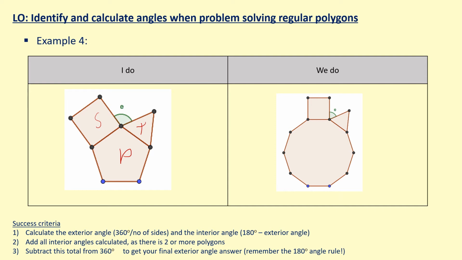So let's say step 1, we need to remember divide 360 by the number of sides for all our polygons. So the square, we've already done a square in previous examples. We end up with 90 as our interior angle, don't we?